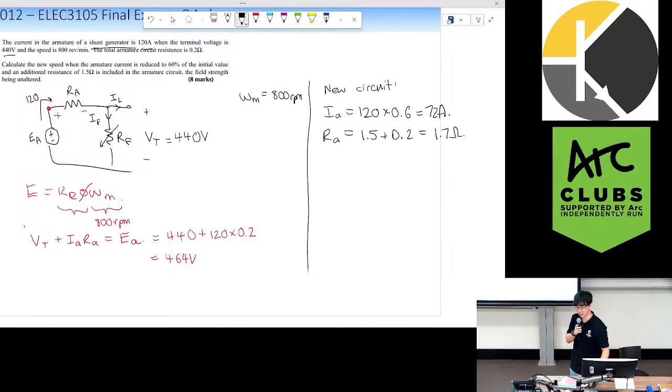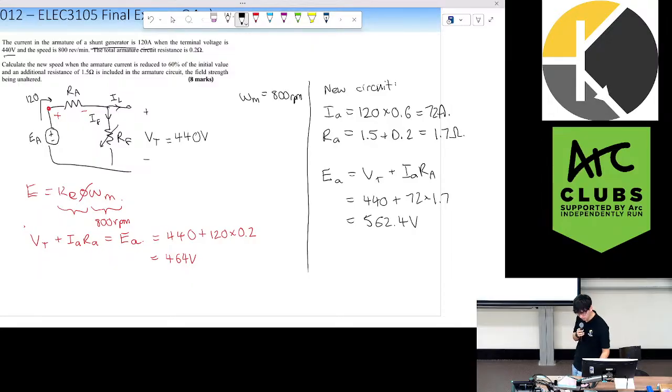I can use the exact same formula to find E_A again. E_A will be V_T plus I_A R_A, which gives us 440 plus 72 times 1.7, and this gives us a value of 562.4 volts.